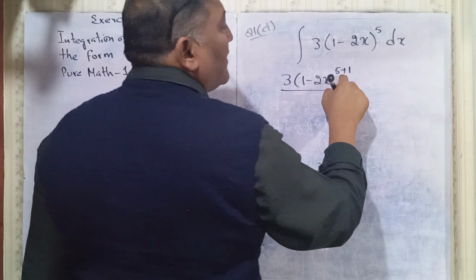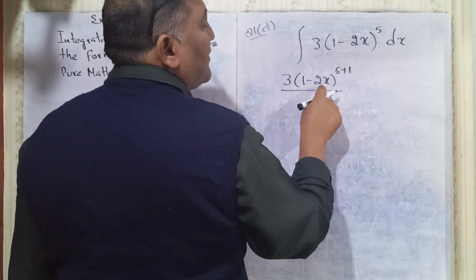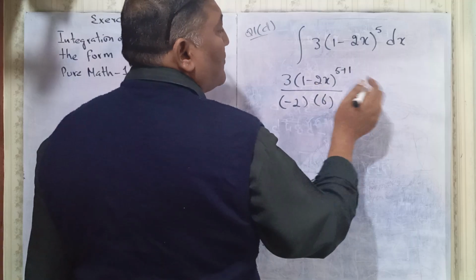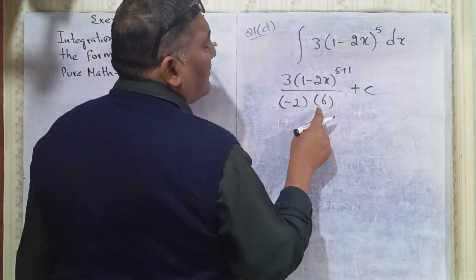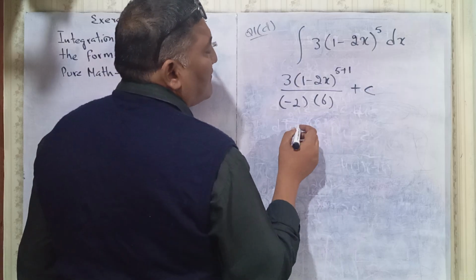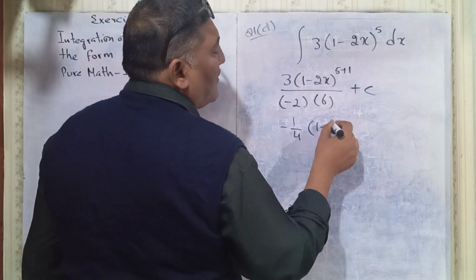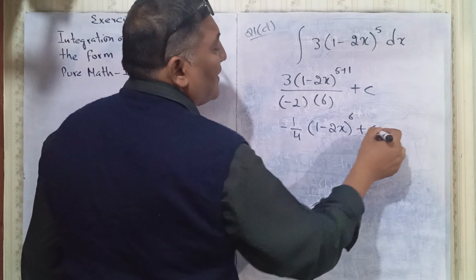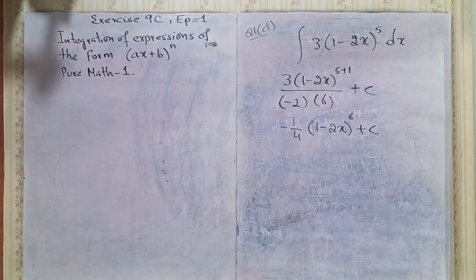With the same number here, you divide, and whatever is the number here, you divide it here. It's minus 2, plus c. So this becomes minus 1 by 4 into 1 minus 2x raised to power 6 plus c. So this is how you will do question number 1 and its d part.